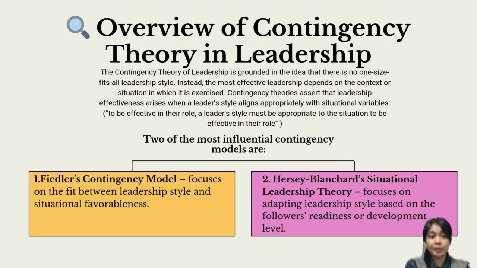Leadership has long been a central topic in the fields of management and organizational behavior. Early leadership theories focused on identifying inherent traits or behaviors that made a leader successful.